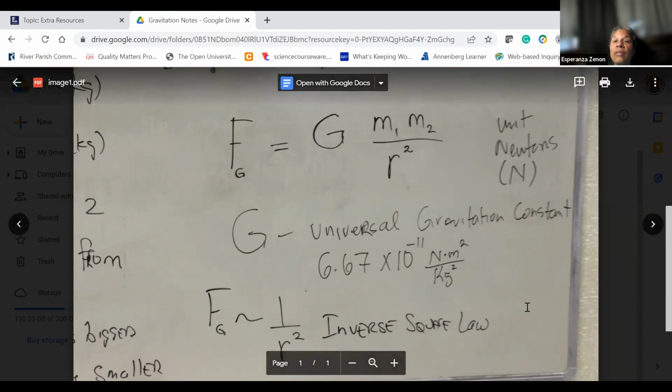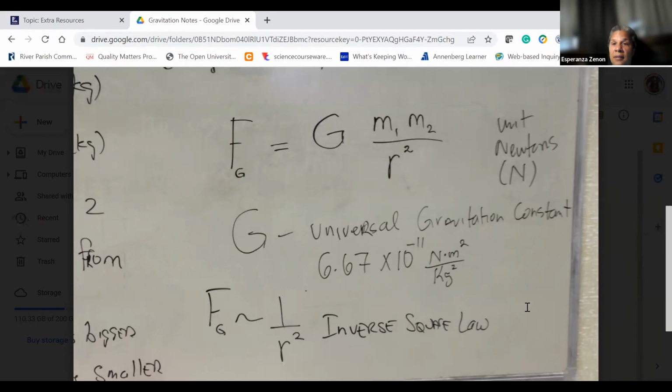So you need big objects to be able to notice this force. And part of that issue for Newton was that he didn't know the mass of the earth. So he couldn't write an equation but he could figure out relationships. And that's what you'll see in some of the material that I listed on that sheet if you wanted to go read about the background of how he figured out this kind of stuff.